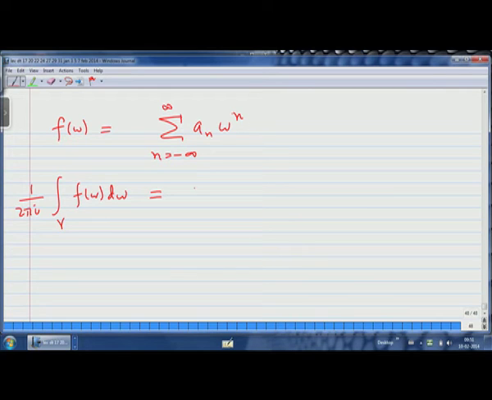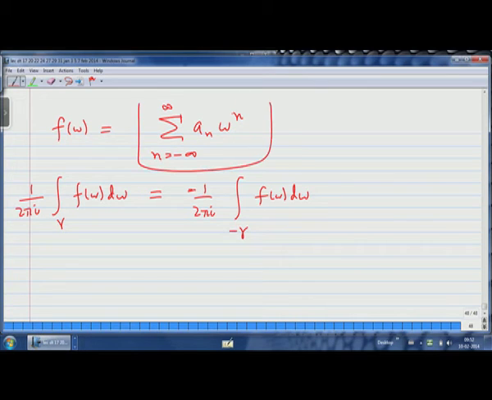So what I'll do is first write this as minus 1 by 2 pi i times the integral over minus gamma, where minus gamma is gamma oriented in the anticlockwise sense, and that is the positive sense for the plane, with respect to the origin.